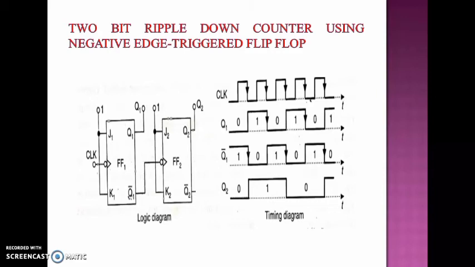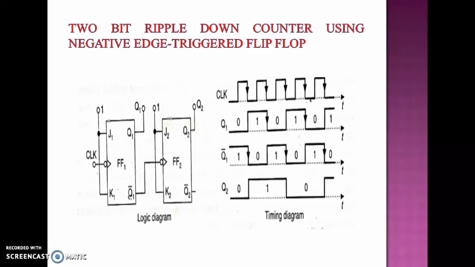The negative going signal at Q1 bar is applied to the clock input of flip-flop 2 and therefore Q2 goes from 0 to 1. So after the first clock pulse, Q2 equal to 1 and Q1 equal to 1. The state of the counter is 1 1.